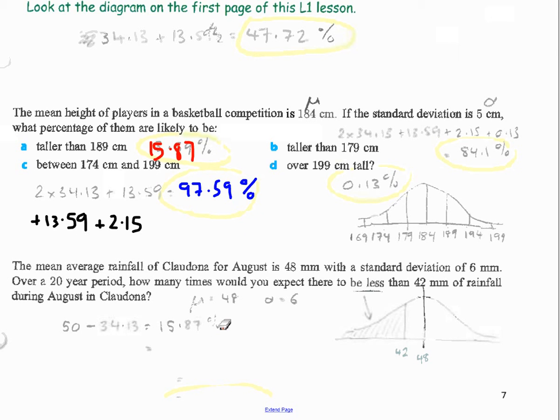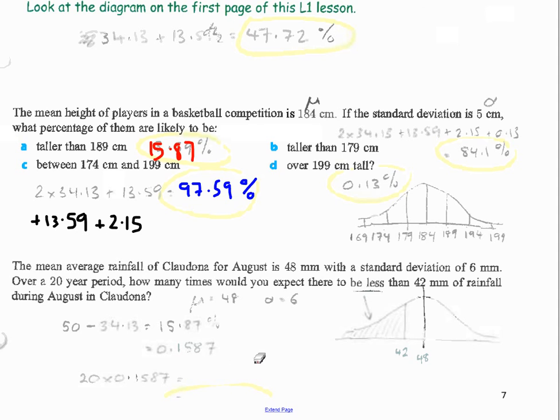And I changed that into a probability, into a decimal. 15.87% as a decimal, just divide by 100, is 0.1587. And so over a 20-year period, how many times would you expect there to be less than that in Caledonia? So in 20 years, it would be 20 years times a probability of 0.1587 per year.